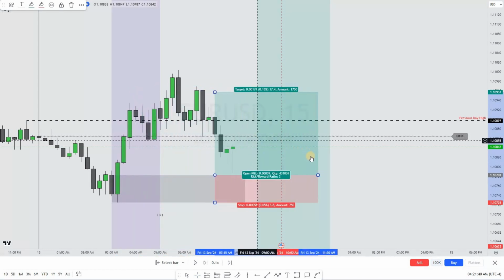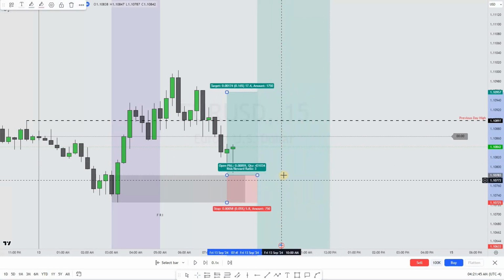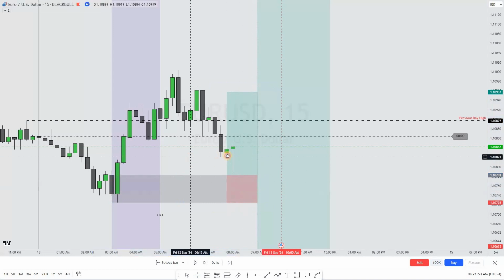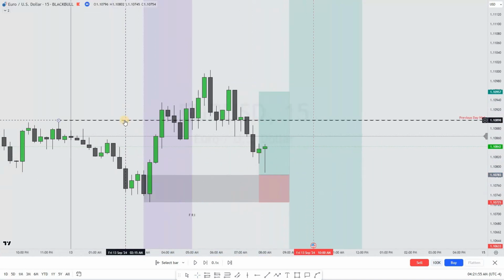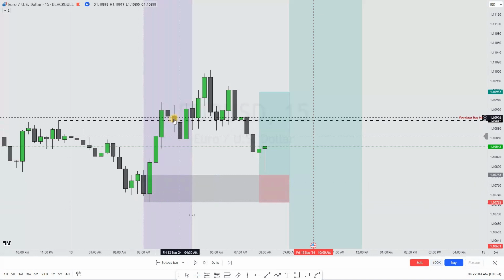The fact that it was Friday, the fact that news was coming at 10 a.m., I did not feel confident in letting this trade be triggered. Also considering that we've already taken this higher time frame point of interest, which is the previous day high, price can just come down here and take out this low, because this is an objective that price has technically fulfilled.